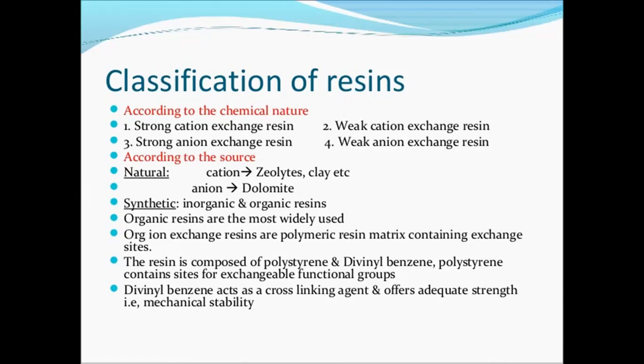According to the source, there are some naturally occurring resin substances and some synthetic substances. Naturally occurring cationic exchanger materials are zeolite or clay, which are useful for the exchange of cations, while dolomite is a naturally occurring anionic exchanger.